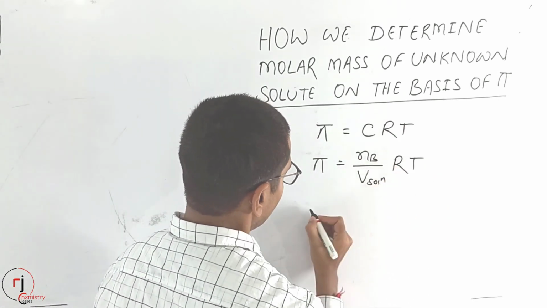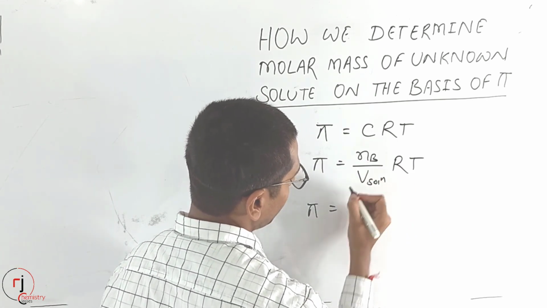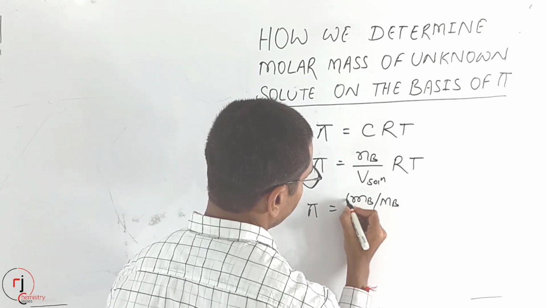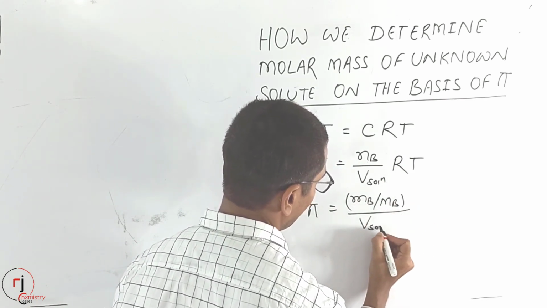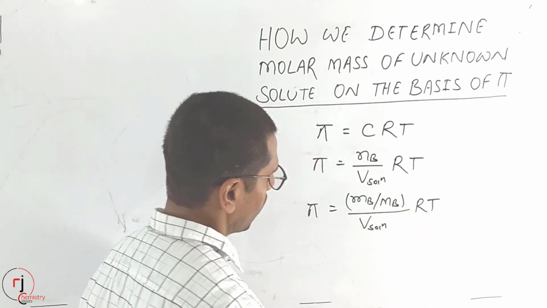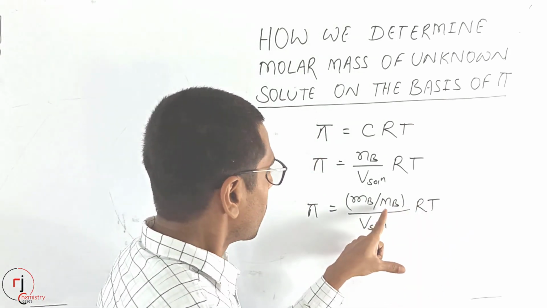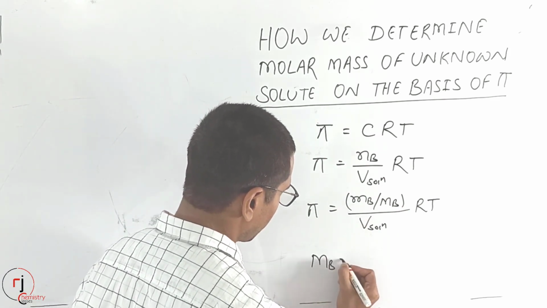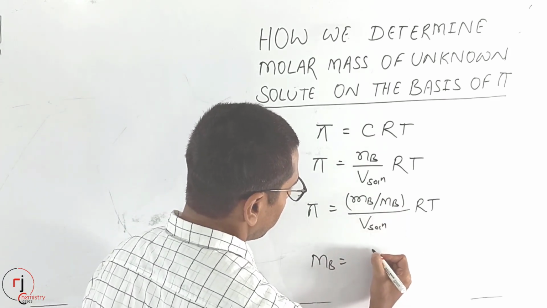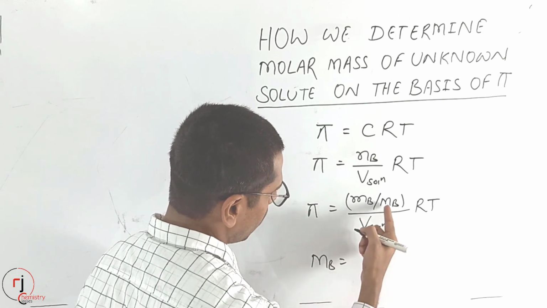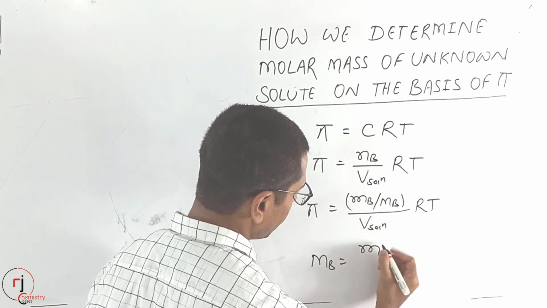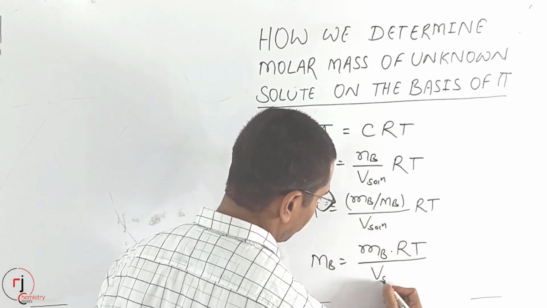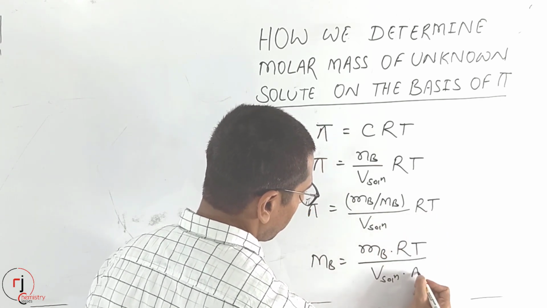The number of moles of solute is mass of solute divided by molar mass of solute. So pi equals mass of solute divided by molar mass of solute times volume of solution, into RT. We require the molar mass of the unknown solute, so molar mass of unknown solute equals mass of solute into R into T divided by volume of solution into pi.